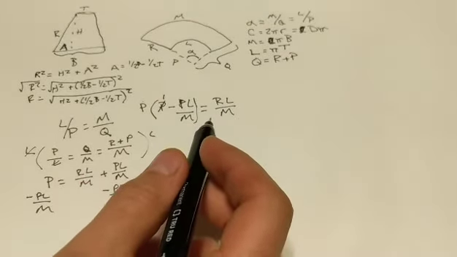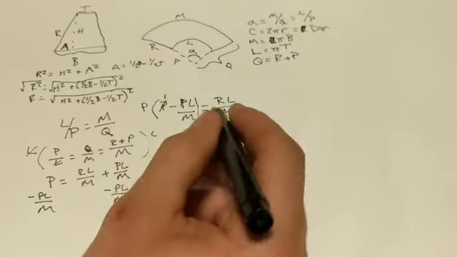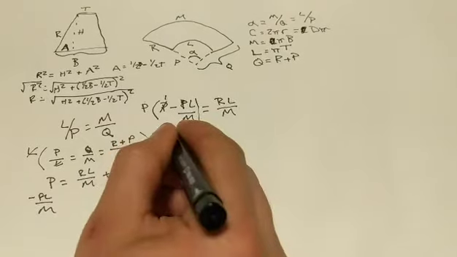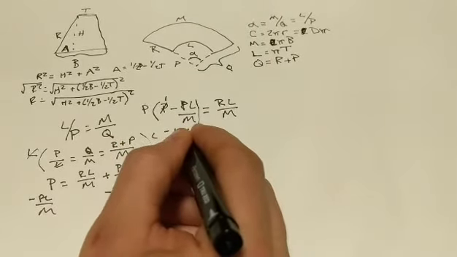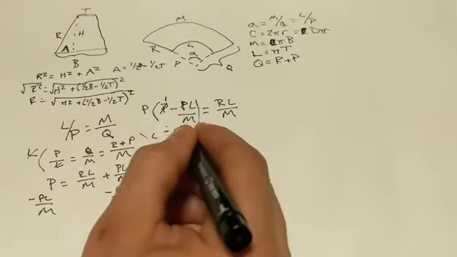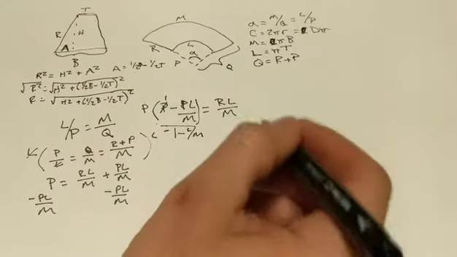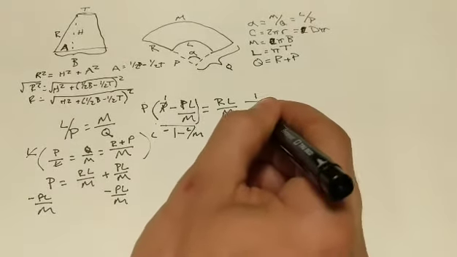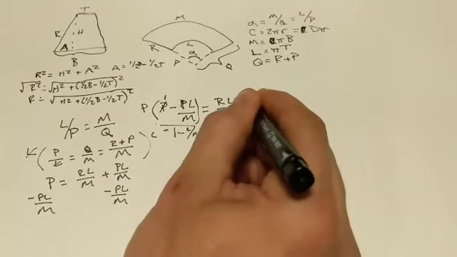And then from here, we're going to divide everything by 1 minus L over M. That is, we're dividing this side by it, and we're dividing this side by it, which is also multiplying by 1 over 1 minus L over M here.